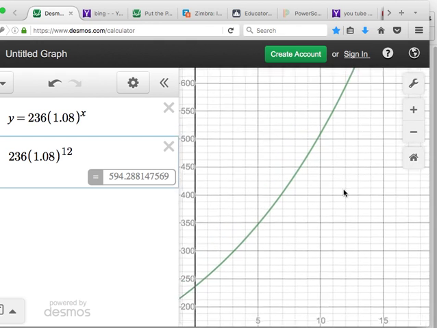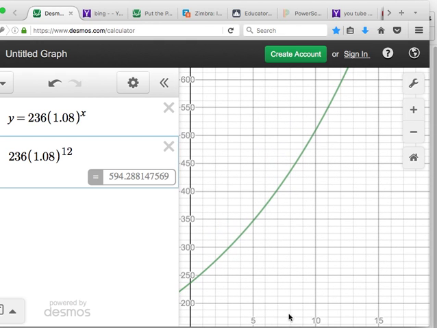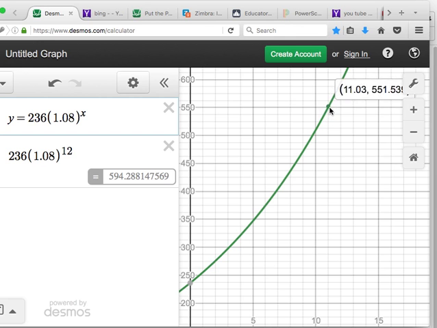These are the years down here, 5, 10, 15, and this is the growth in billions of dollars. So if I want to find what's going on in 12 years, that's going to be this point right around there.